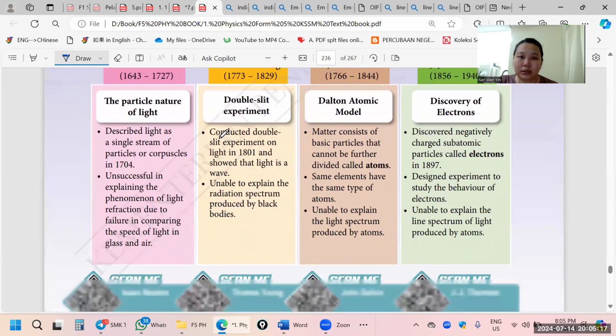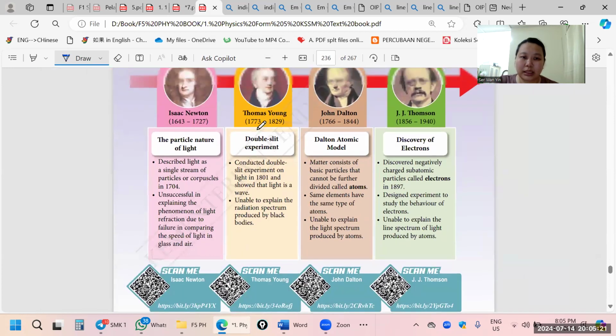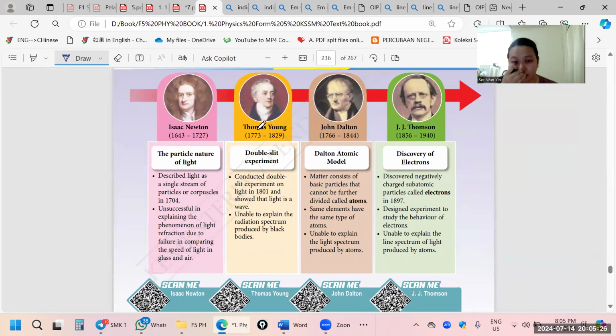Okay, here, classical theory, about quantum. So actually, this quantum concept, this physics concept, can be defined or was discovered by our father of physics, Isaac Newton.